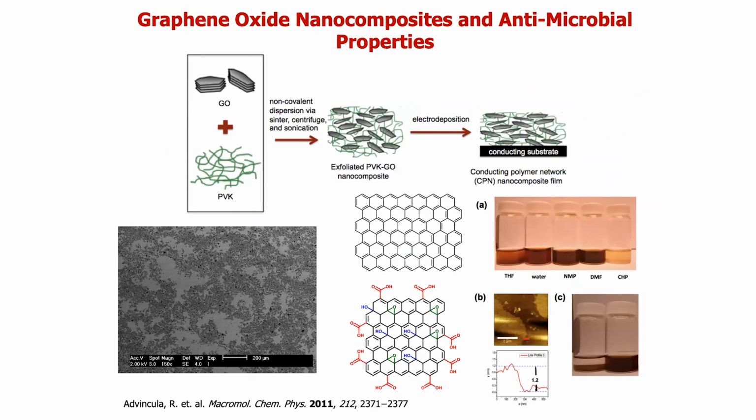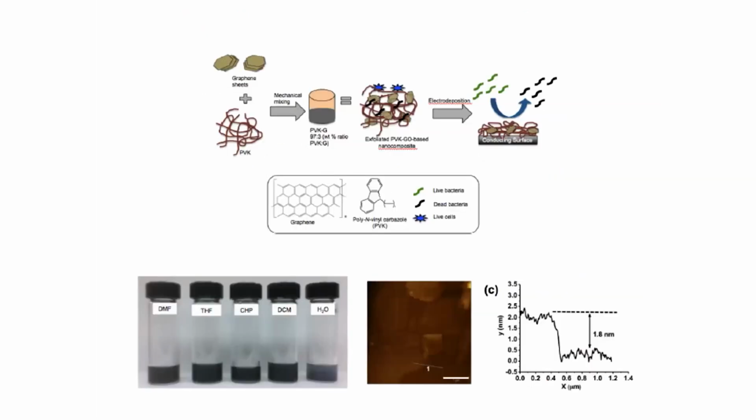In the first part here, we show that the combination of polyvinyl carbazole and graphene oxide produces graphene oxide that has good monodispersity and is well soluble in a variety of solvents. So utilizing solutions or films of this PVK graphene oxide combination can perhaps be useful for antibacterial studies, as I'll show you in a little while.